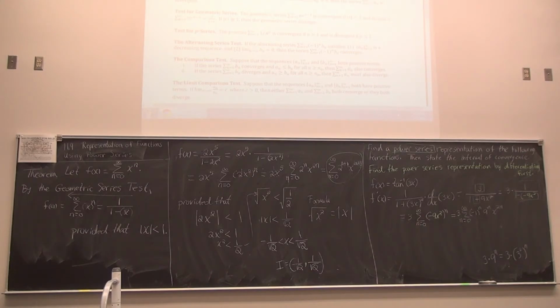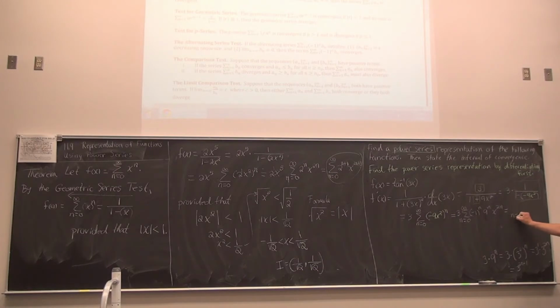Does that make sense so far? Okay, so this 3 squared gave us the 9. This is now 3 times 3 to the power of 2n, but that's 3 to the power of 1 times 3 to the power of 2n, so altogether this is 3 to the power of 2n plus 1. It's a good amount of work to do that, but that's really good practice, especially when you have a lot to do with power series.